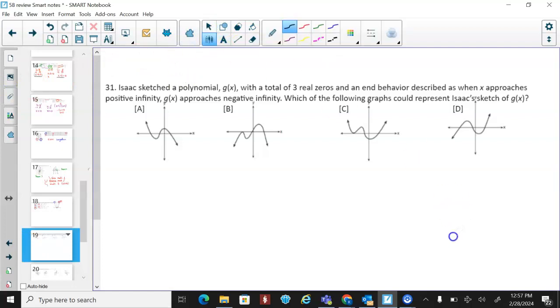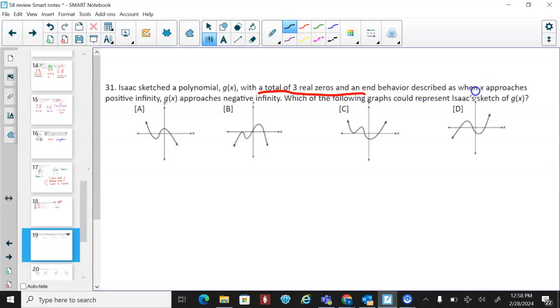Isaac sketches a polynomial, g of x, with a total of 3 real zeros. And the end behavior is described as: when x approaches positive infinity, g of x approaches negative infinity. Which of the following graphs could represent Isaac's sketch of g of x? So again, what do we have here? Key information: we have 3 zeros.